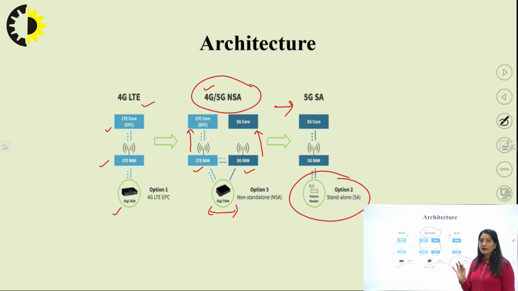It will not be compatible with 4G. It will be using 5G RAN and then 5G core. So this fifth generation standalone architecture will be using only 5G core and 5G RAN.